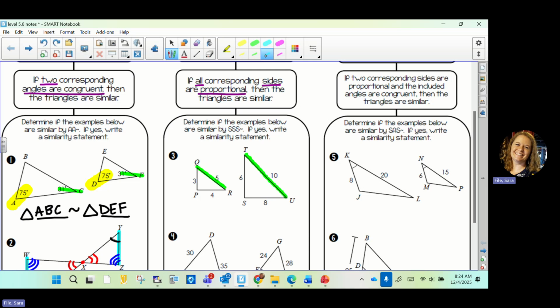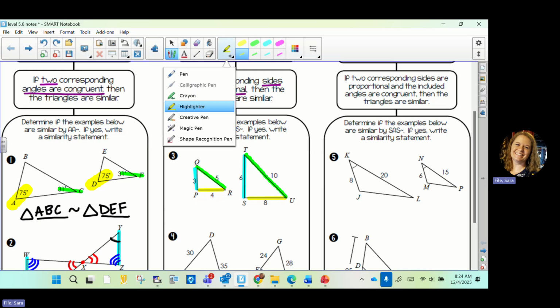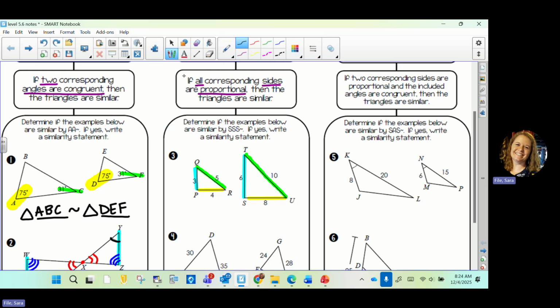What's the smallest side in the left triangle? 3 is less than 4, so 3 is the smallest, and then here 6 is the smallest, and that leaves 4 and 8 in the middle. So once you know which ones are supposed to correspond, we're going to check the ratios. So you have to be consistent, left to right, left to right, left to right, or vice versa.